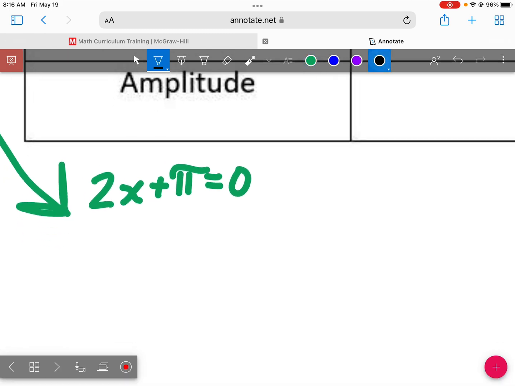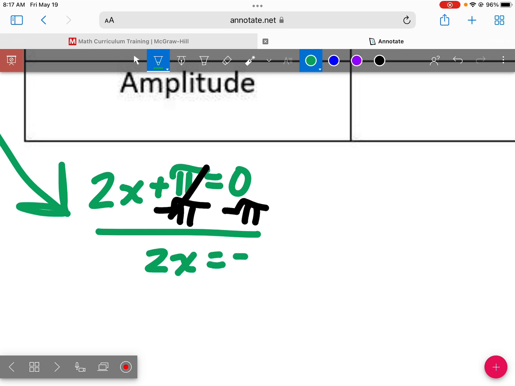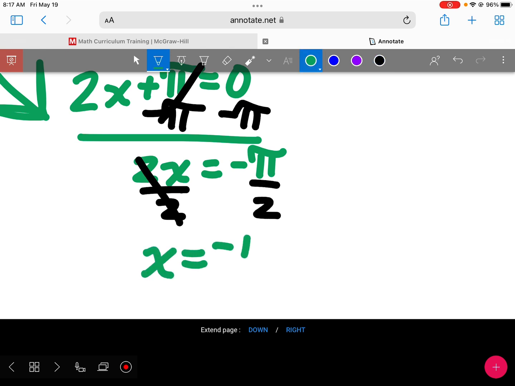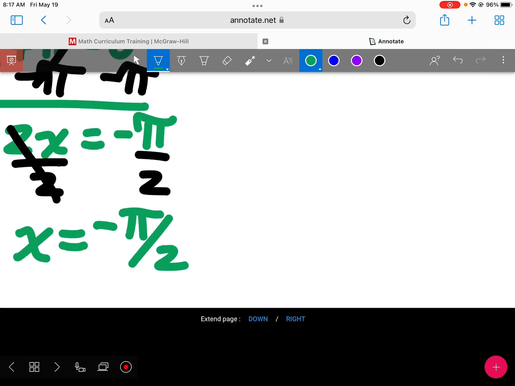I'm going to subtract pi from both sides. 2x equals negative pi. I'm going to divide both sides by 2. So x equals negative pi over 2. There's my left endpoint.